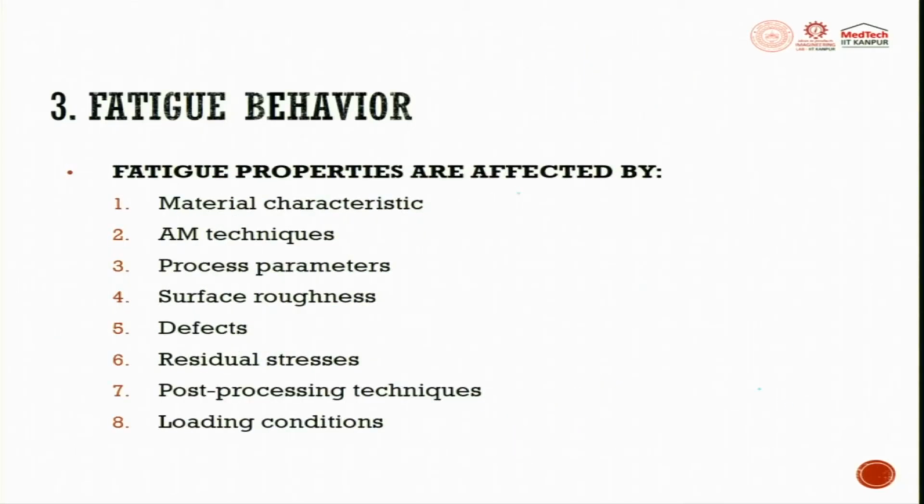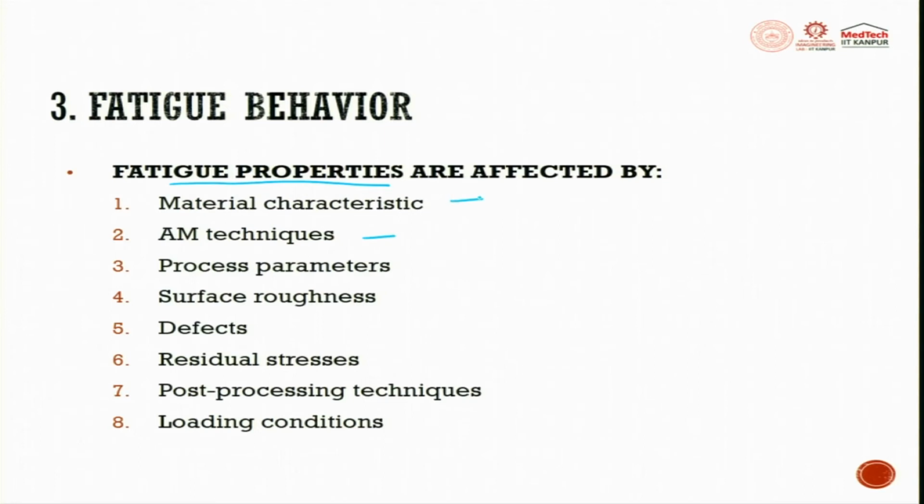The fatigue properties are affected by material characteristics, AM technique, process parameters, surface roughness, defects, residual stresses, post processing techniques and the loading conditions. All these things have a direct influence on the fatigue properties of an additive manufactured sample.